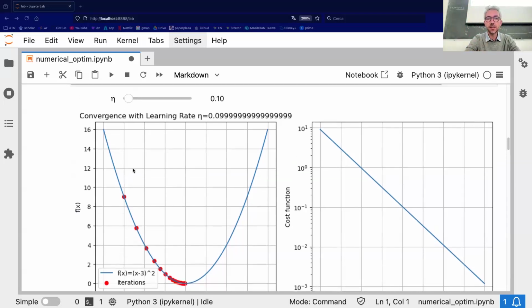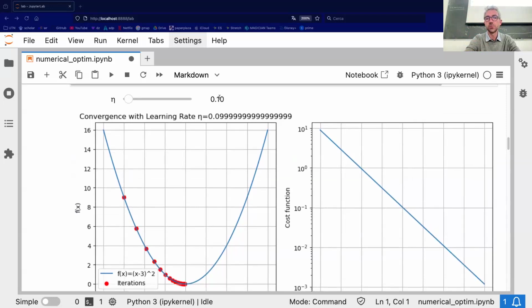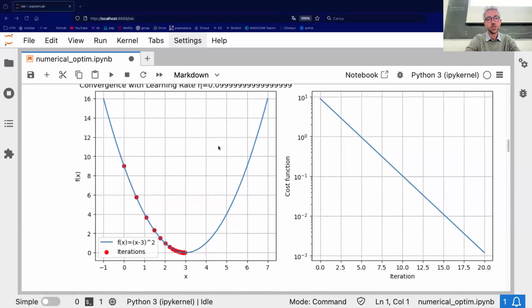In this case, the learning rate was set to 0.1. I started here from x equals 0, where f of x is equal to 9. And then at each iteration, I moved towards the minimum, which is at x equal to 3. And in 20 iterations, I was there. So this worked.